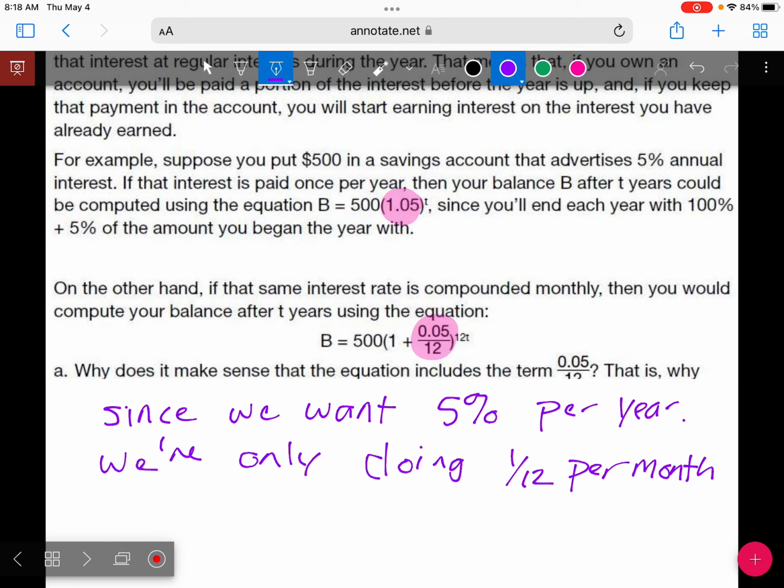We're doing 1/12 of it per month. So if we were doing it quarterly, we divide it by 4. If we were doing it daily, we divide it by 365. Okay, so it makes a difference on that.